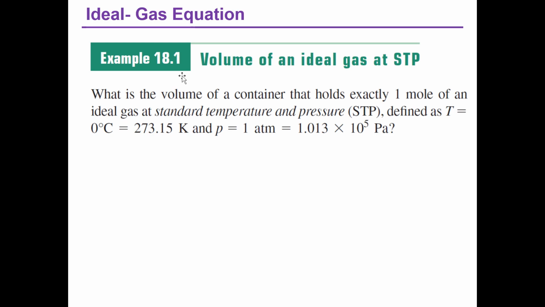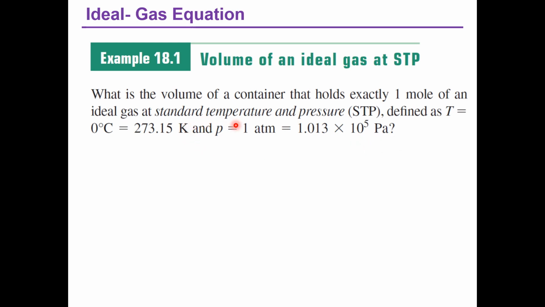Meaning kung STP, automatic the temperature is at 0 degrees Celsius, or we convert it to Kelvin, it is equal to 273.15 Kelvin. So that is my temperature at STP, and my pressure is equal to 1 atm. Okay, it is equal to 1 atm, which is equal to 1.013 times 10 to the 5 pascals.